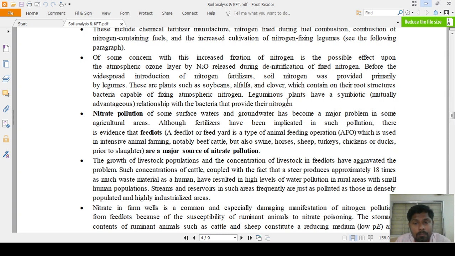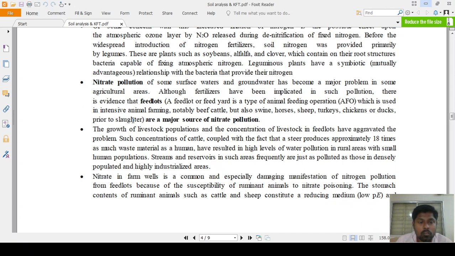Okay, leguminous plants have a symbiotic relationship with the bacteria that provide the nitrogen. Now, nitrate pollution. As I told you earlier, nitrate also becomes part of the pollution. Nitrate pollution of some surface waters and groundwater has become a major problem in some agricultural areas. Although fertilizers have been implicated in such pollution, there is evidence that feedlots are a cause.